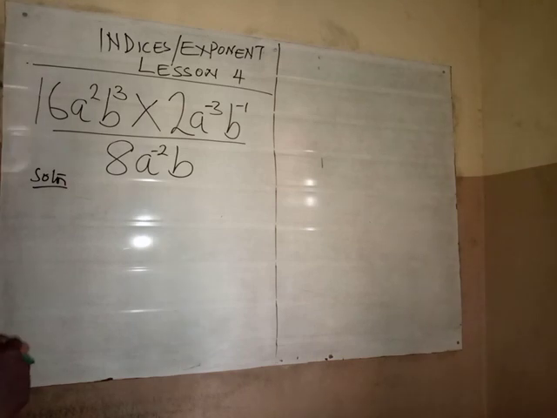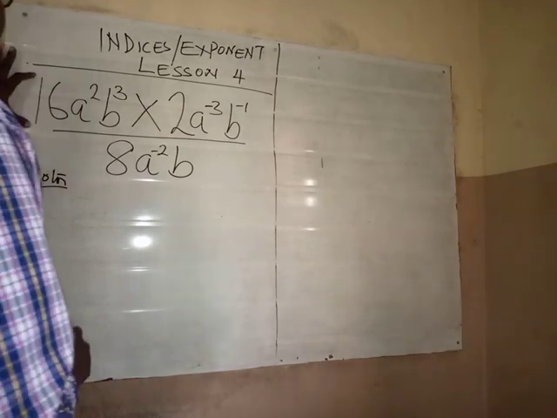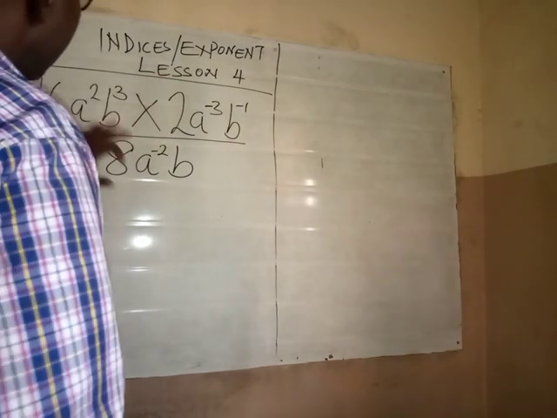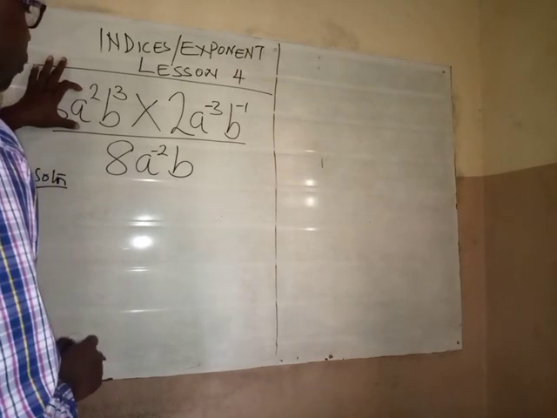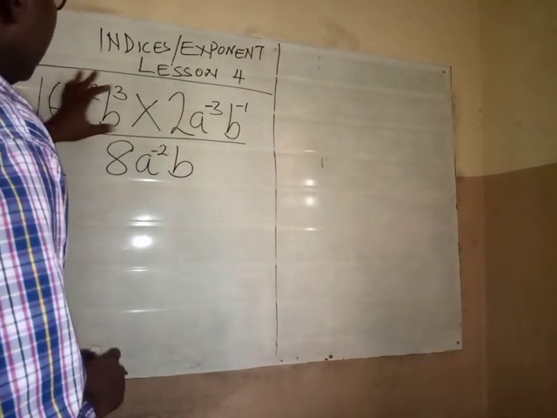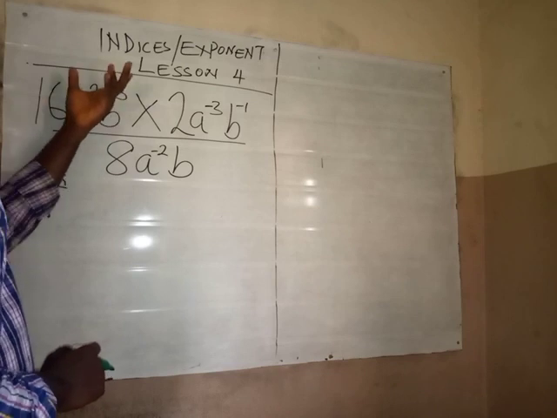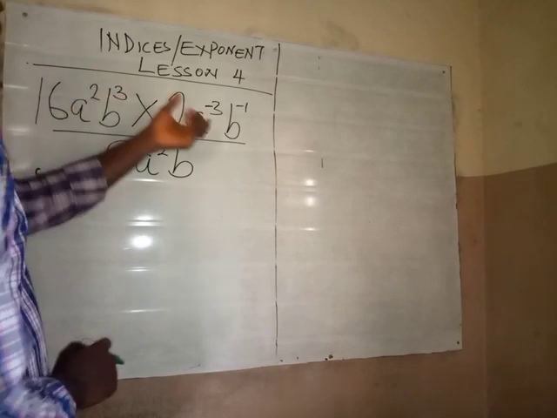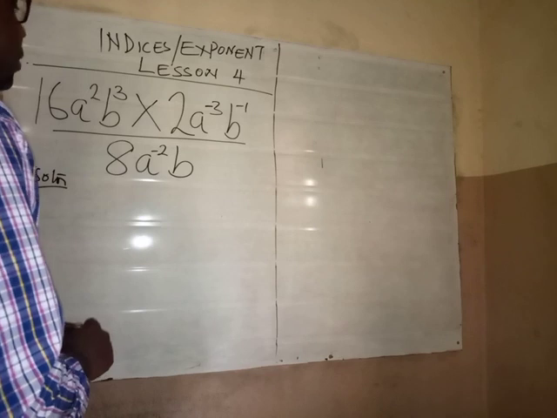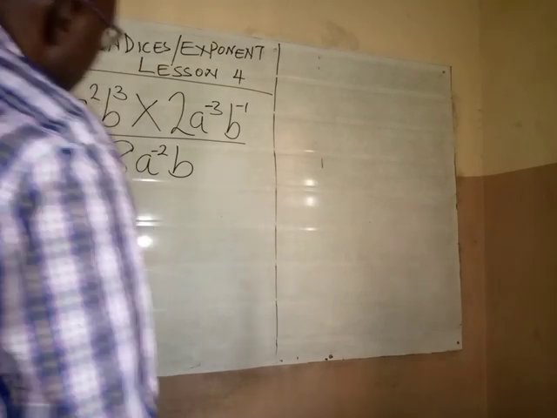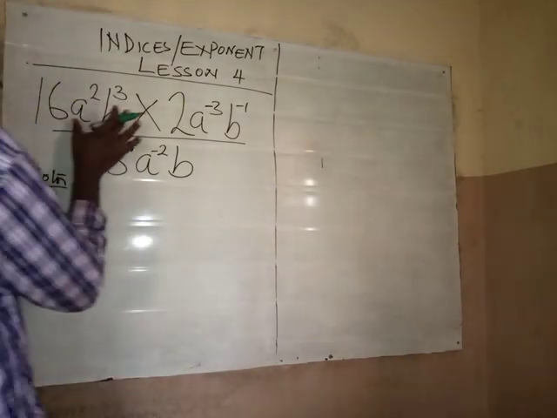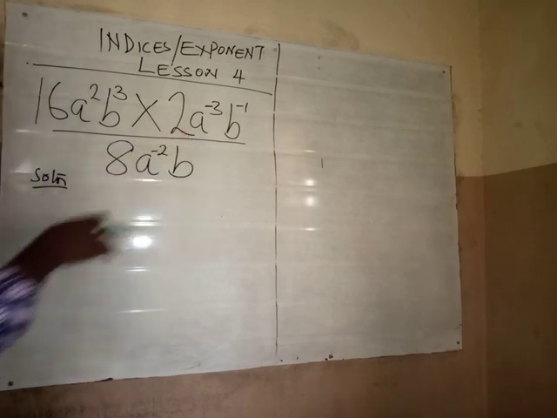Since it's multiplication, we multiply the whole number with the whole number, and the alphabets with the homogeneous alphabets. We notice that when we are multiplying the powers, we add their powers, and when we are dividing, we subtract. So we first do the multiplication and then do the division.